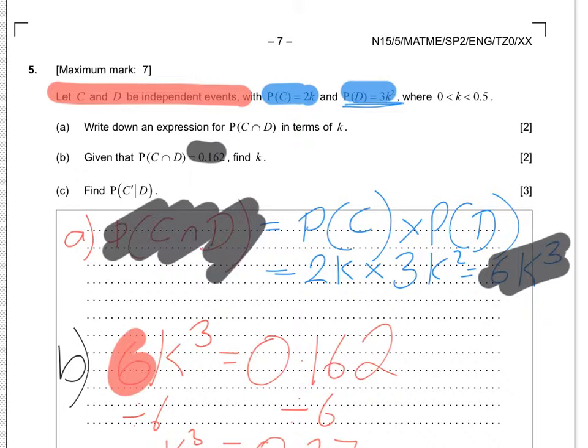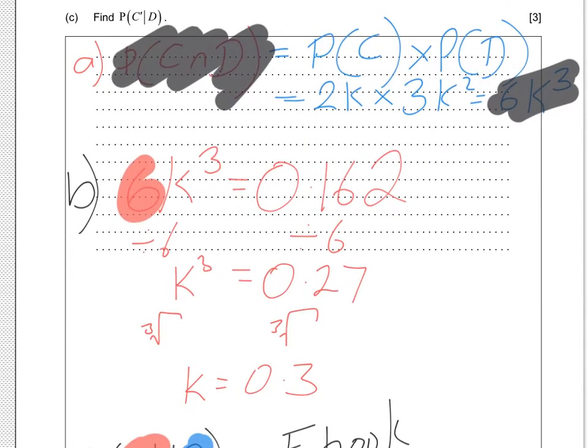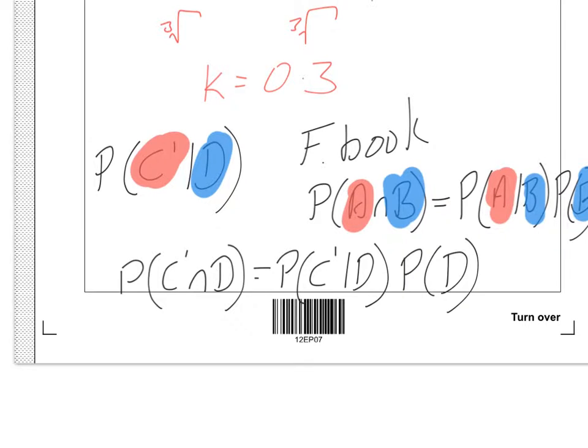Or, if we evaluate it, because we know the value of k is 0.3, then that is 0.27. So I can put that in as my value for probability of D, 0.27.